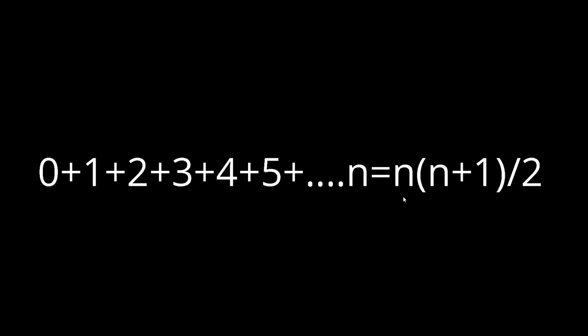You could just do 50 into 50 plus 1 by 2. I'm telling this formula to those people who might not be aware of it. If you're aware of this, then that's good. So it is n into n plus 1 by 2.